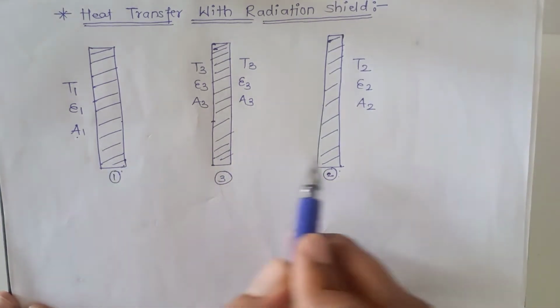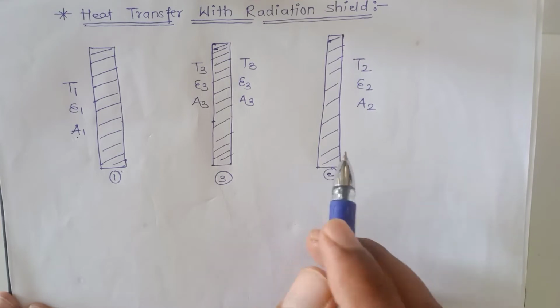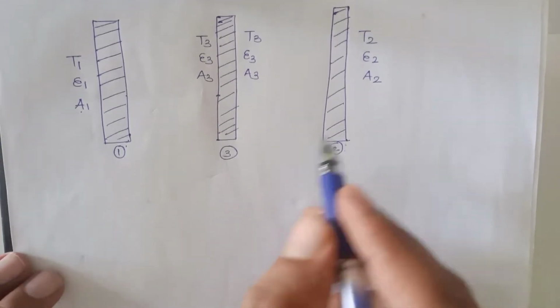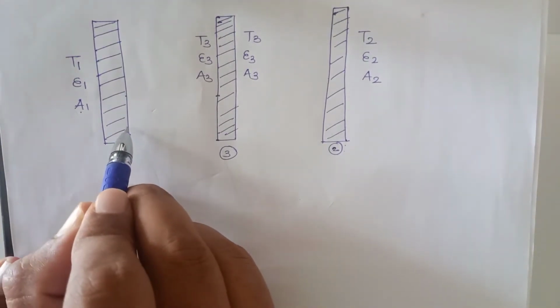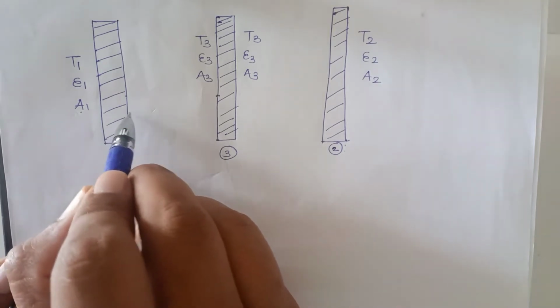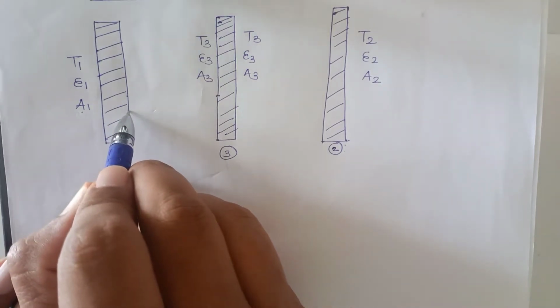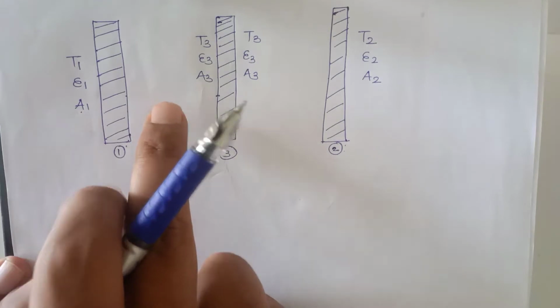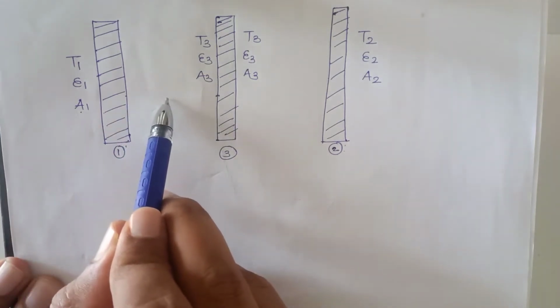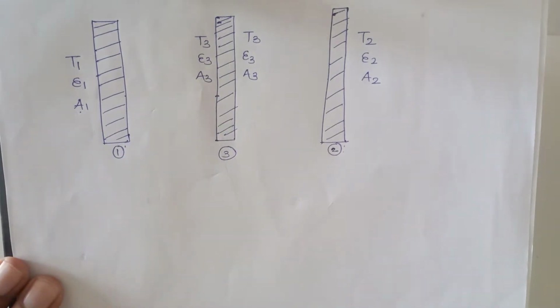So accordingly, now we can construct the radiation thermal resistance network. Let me tell you in the sequence. Firstly, there will be surface resistance at surface 1 itself. Then there will be space resistance between surface 1 and 2.